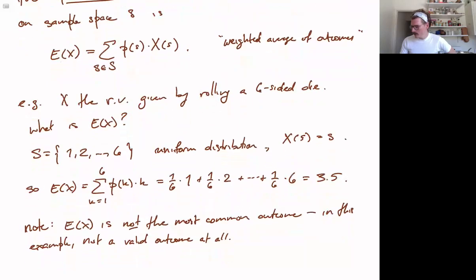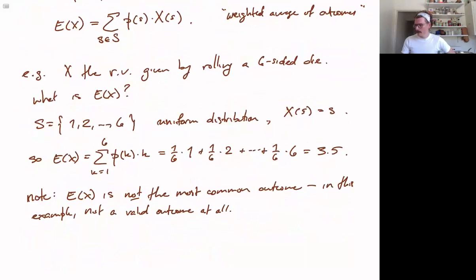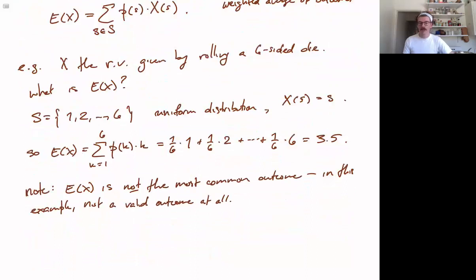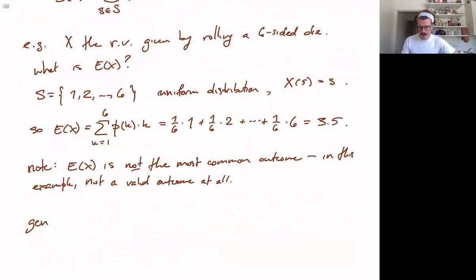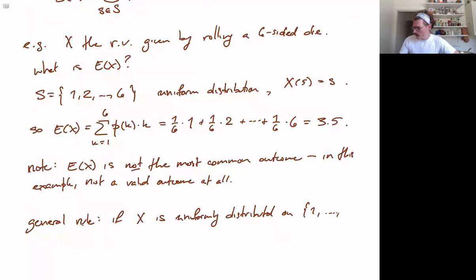And let me maybe write this as a general rule, generalizing this example for uniform distributions or uniform random variables. So if X is uniformly distributed on the set 1 through n.